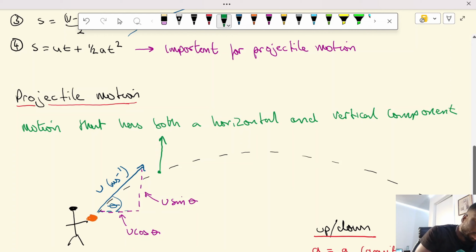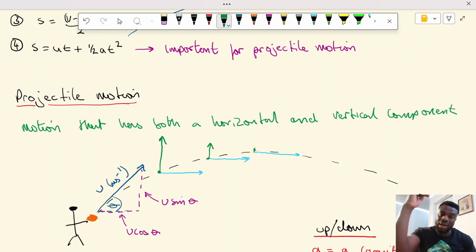And if I just split this up, the green arrow is going to show us what's happening vertically, and this blue arrow is going to show us what's happening horizontally. Because gravity slows you on the way up, you can clearly see that the vertical component of the object gets smaller and smaller until you reach the highest point of travel, the height of the motion.